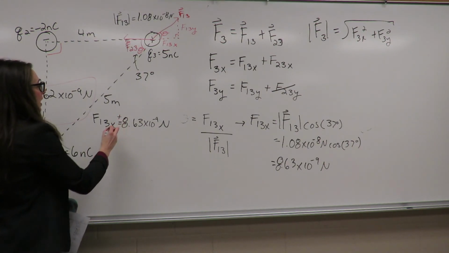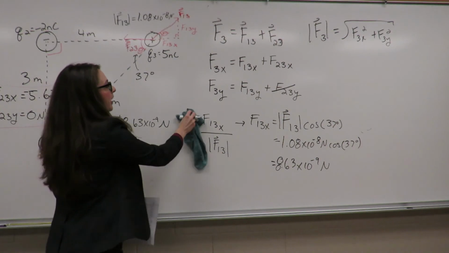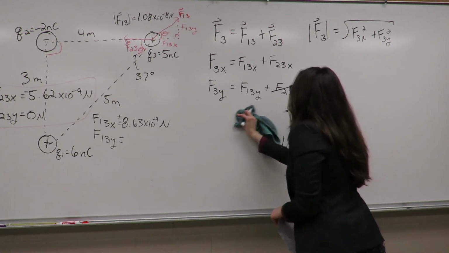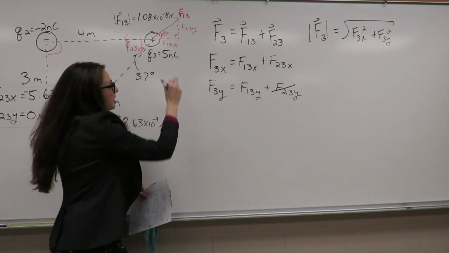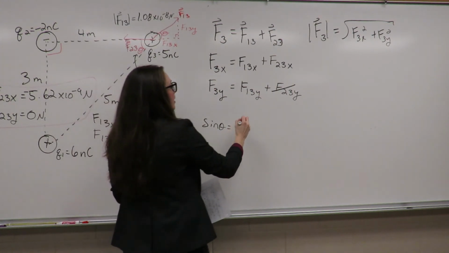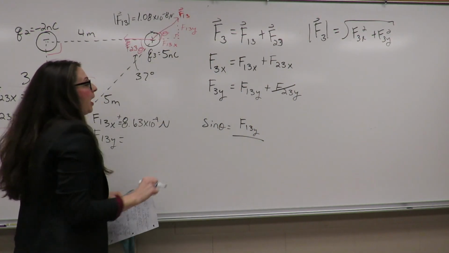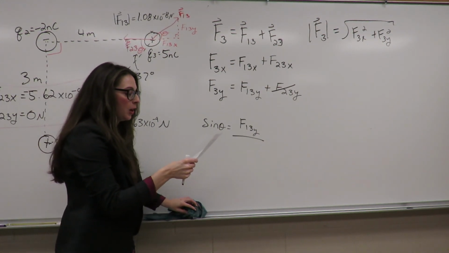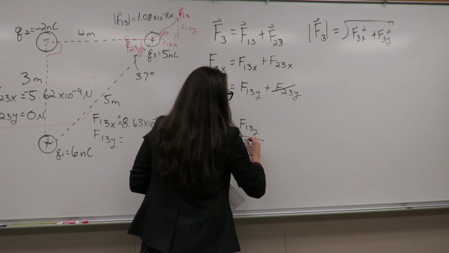Okay, positive. And then in order to get F13y, I do a similar thing, but instead of using cosine, now I'm going to use sine. So the sine of this angle inside here, sine theta, is equal to the opposite side, which is F13y, divided by the hypotenuse. Sine is equal to opposite over hypotenuse. And so then I'm going to divide it by the magnitude of F13 here.